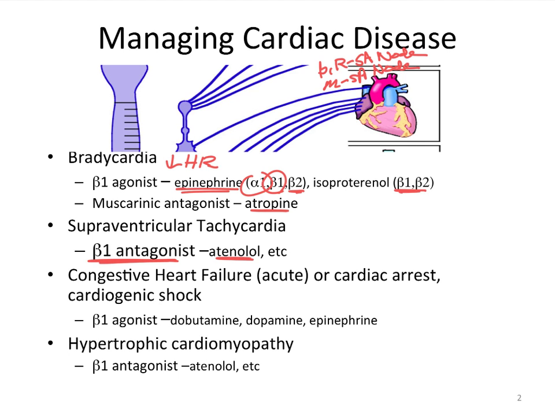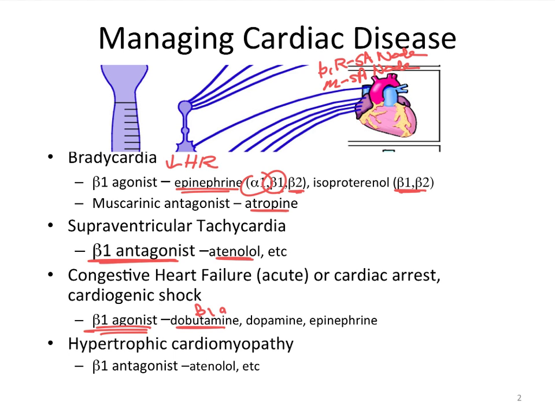What about congestive heart failure or cardiac arrest or cardiogenic shock? Again, if we have a reason that the heart's pumping abilities have failed, then we might want to stimulate this beta 1 receptor. The drugs that we do this with, I'm listing here: dobutamine is a specific beta 1 agonist.